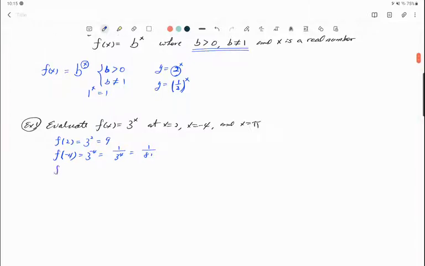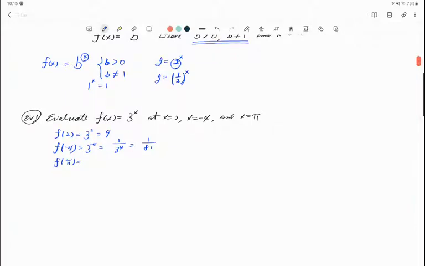How about f of pi? Pi is 3.14159 and so on, so we plug that in: 3 raised to the 3.14159 and so on.